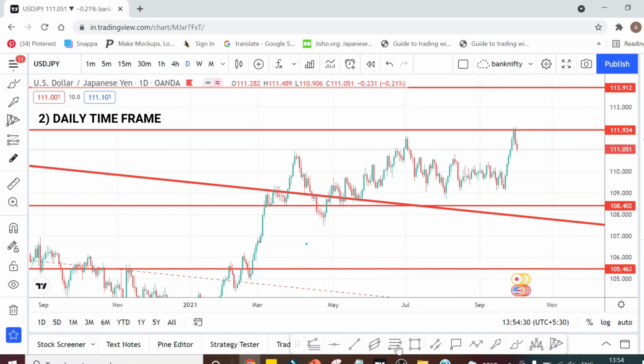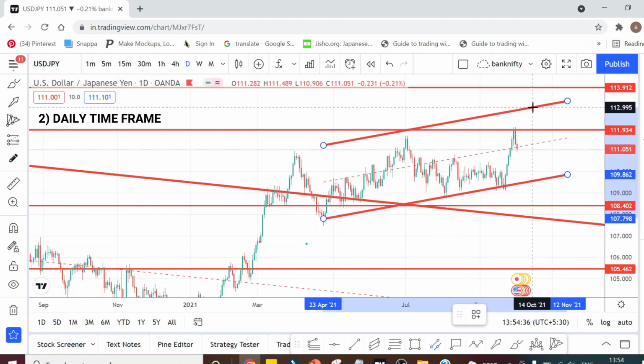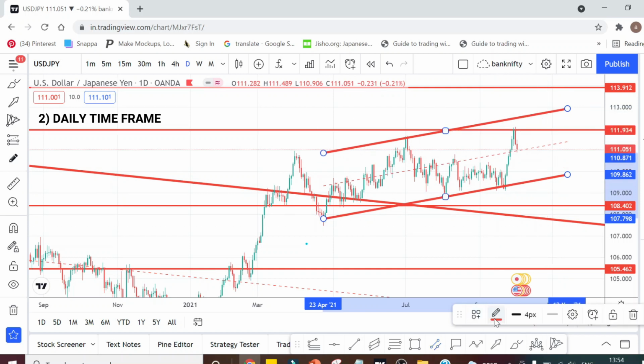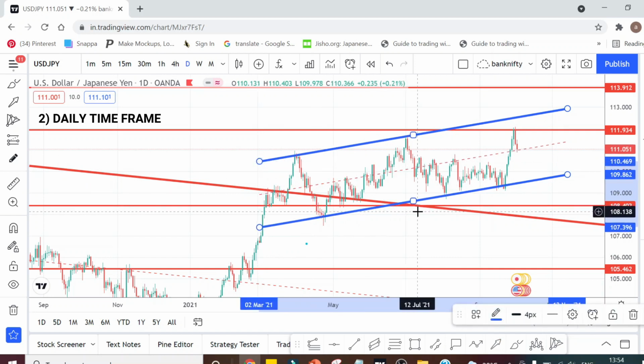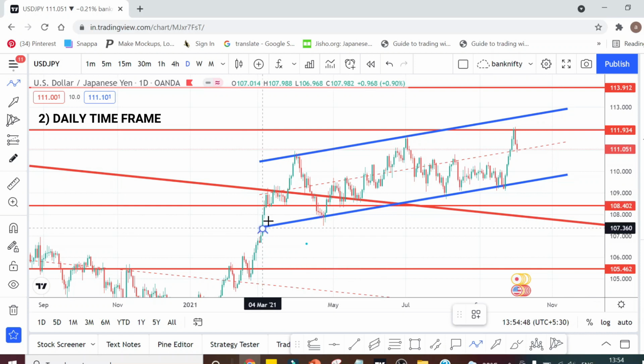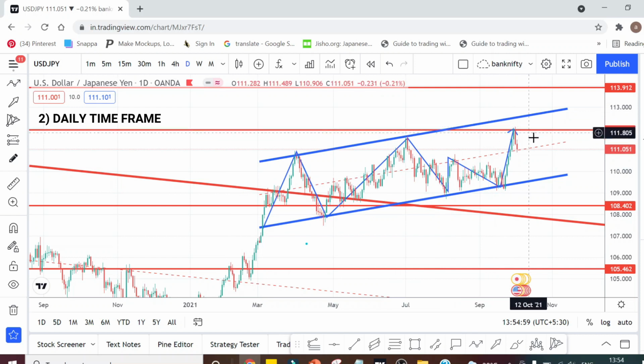In the daily time frame also, I can notice that it has formed a very nice channel pattern. Let me change the color for the channel pattern. So in the daily time frame also, we can see that price has given a breakout and gone up, then retraced, then gone up, then retraced, then gone up, then retraced, again gone up, but it couldn't break this resistance over here.